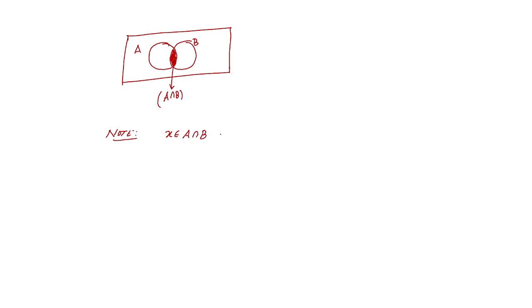So here if we draw the diagram, this is A, this is B. So intersection means that place. That place comes under the intersection. So this is basically A intersection B. Okay, so here the note: x belongs to A intersection B, what exactly does it mean? x belongs to A and x belongs to B. And that means x belongs to both A and B. That comes under the intersection.